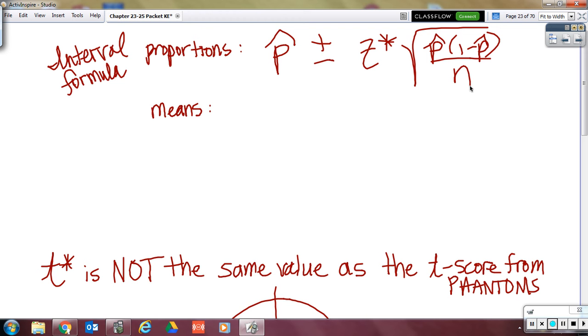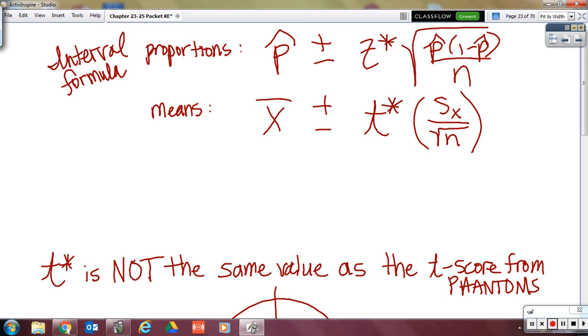But this unit, we have gone to means, so it's no longer p hats for sample proportions. It's x bars for sample means, plus or minus, and it's no longer a Z star, but a T star. And our standard deviation is not the square root of p hat 1 minus p hat over n. It is the sample standard deviation divided by the square root of n.